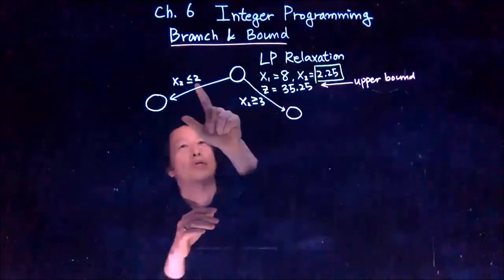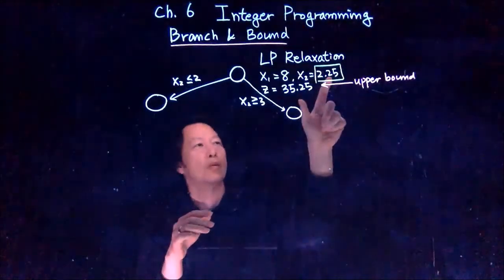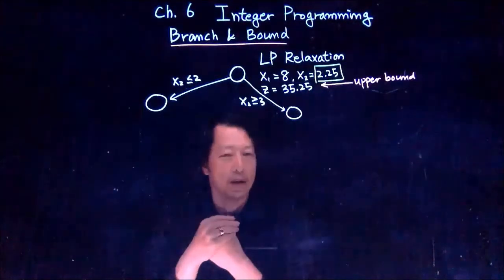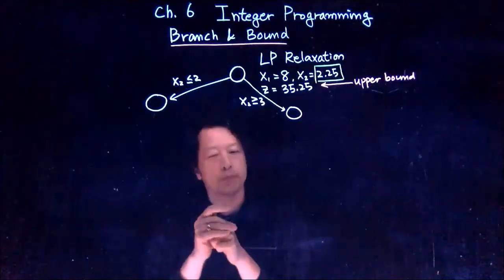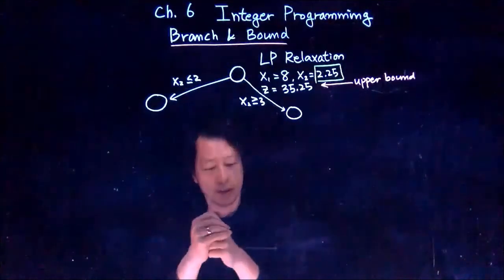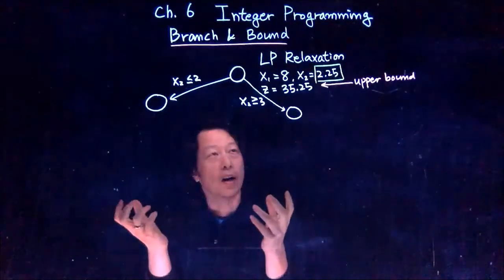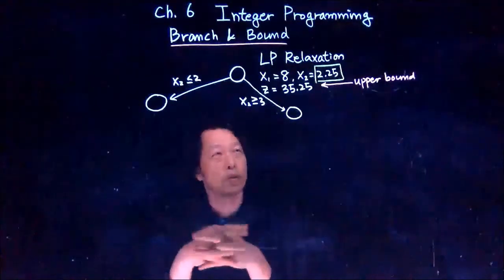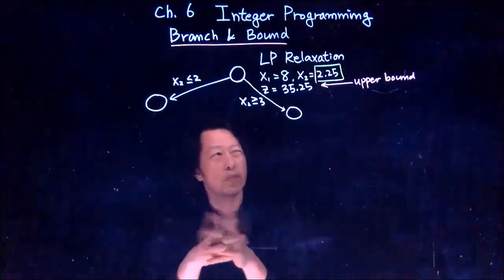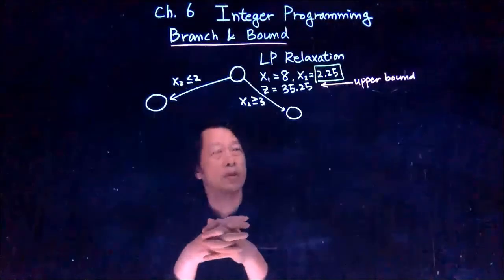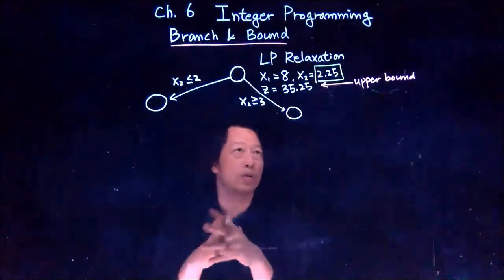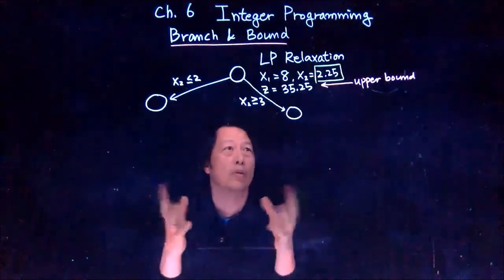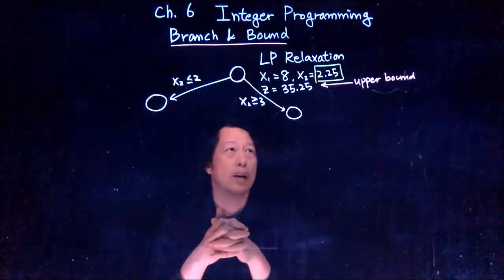Why do I separate out 2 and 3 here? Because our solution was 2.25. Hopefully our real integer optimal solution will be close to 2, a little bit less than 2 or a little bit higher than 2. That's why we separate out there.